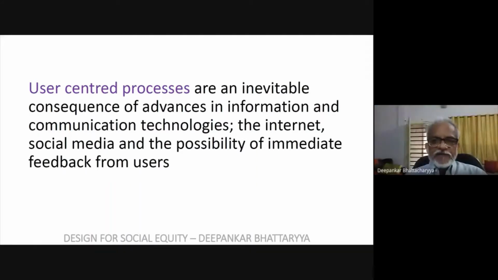Now, we have seen that these user-centered processes, at one point, became an inevitable consequence of advances in information and communication technologies, the internet, social media, and the possibility of immediate feedback from users.